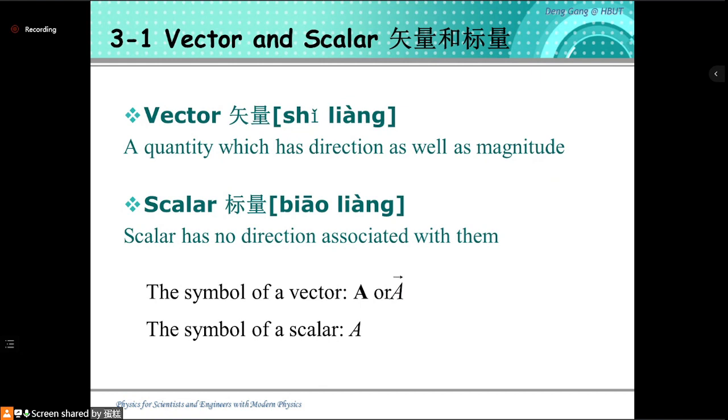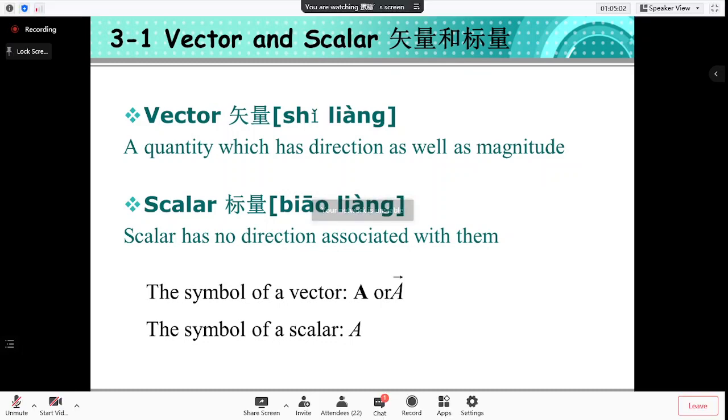These two mean vector. If it is only italic type, we mean scalar. So when you read a book, boldface or an arrow on top of the letter means vector. Italic type means scalar.